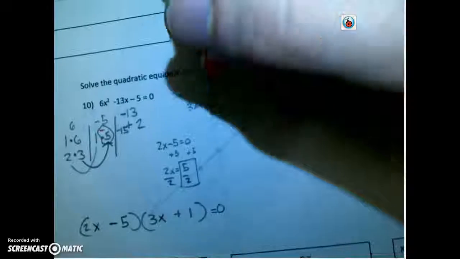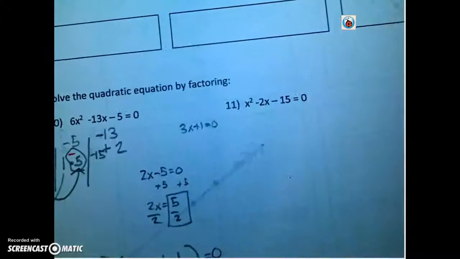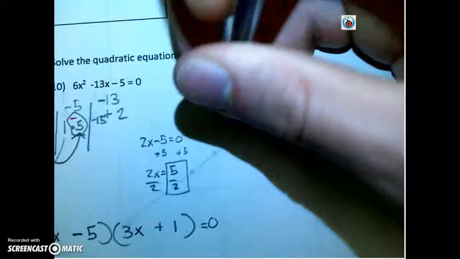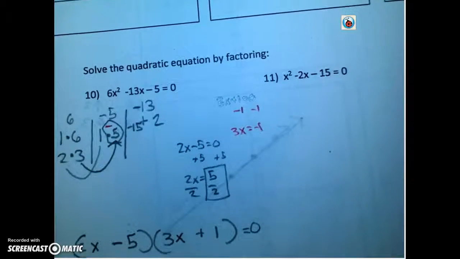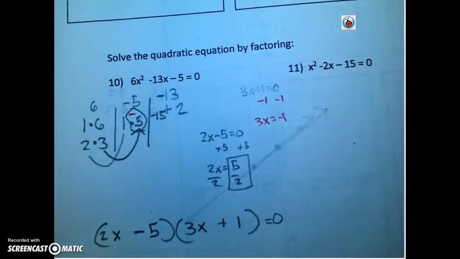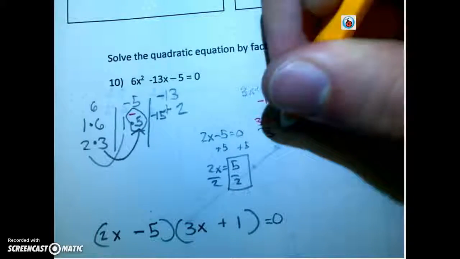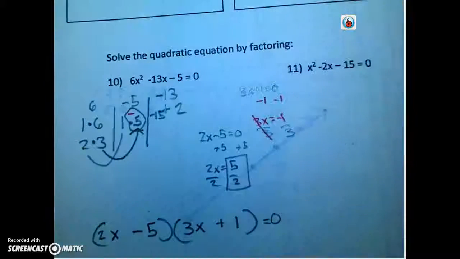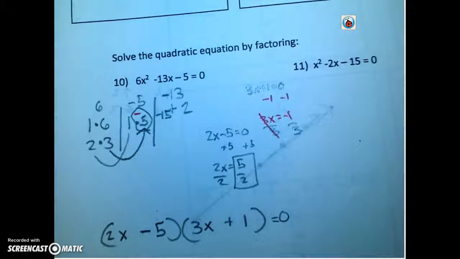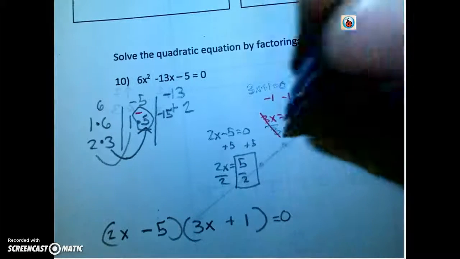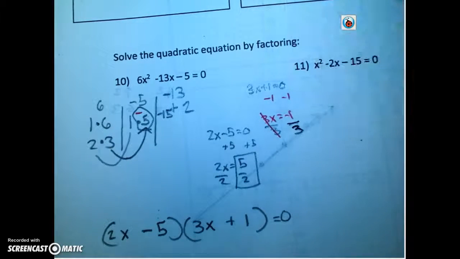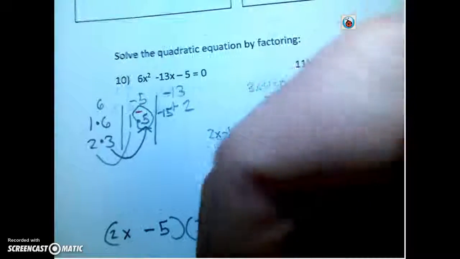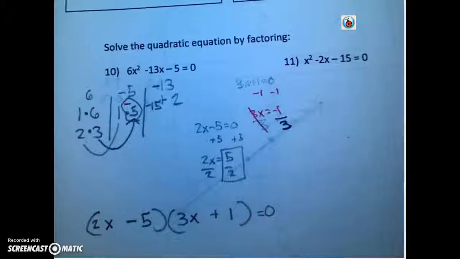All right, and we solve it by subtracting 1 from both sides, and then dividing both sides by 3. So x is equal to a negative 1/3. So that's how it works there.